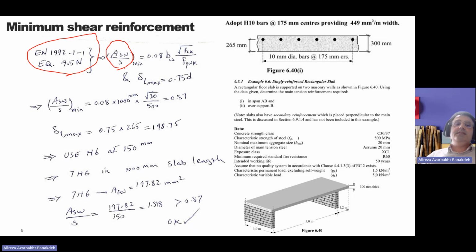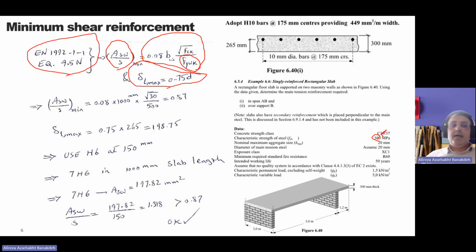The minimum for this is provided with this simple formula. You need to have FCK, which is 30 megapascal, and FYWK, which is 500 megapascal, and the spacing should always be less than 75% of the effective depth D.